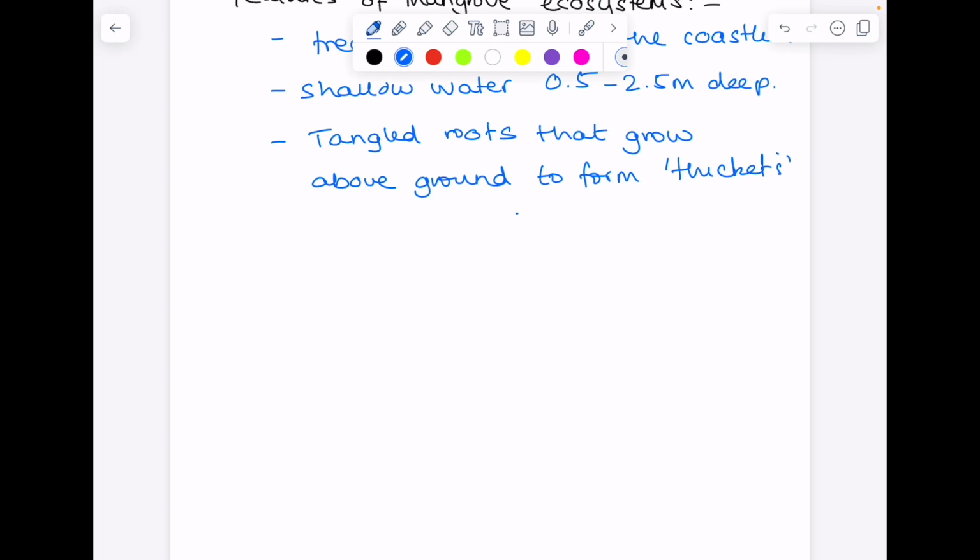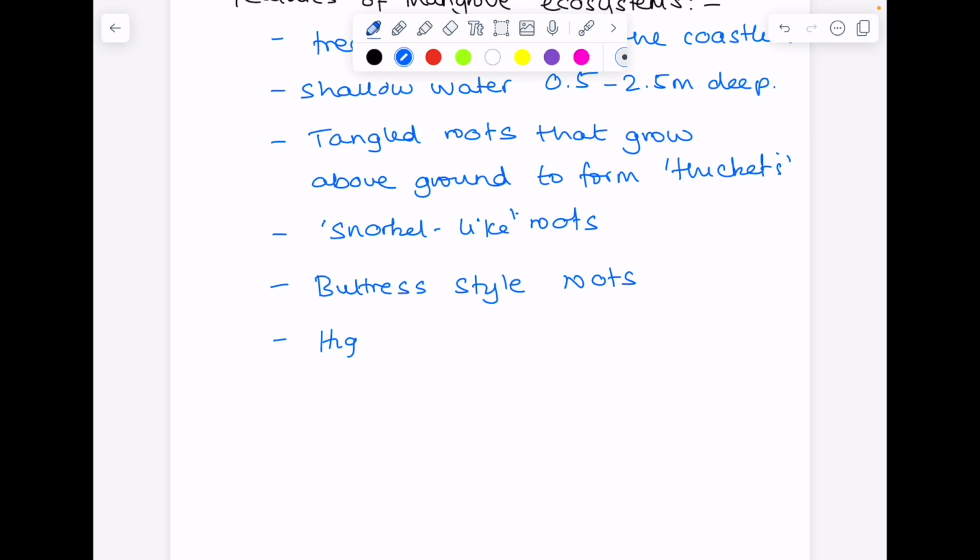The roots are extremely characteristic of mangroves. You'll also have snorkel-like roots that stick into the air and buttress-style roots which provide support. Also common to mangroves are high humidity and high temperatures, and I'll talk about those exact values when we look at the distribution of mangroves.